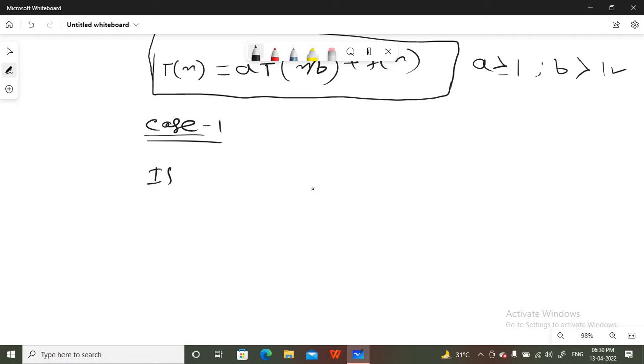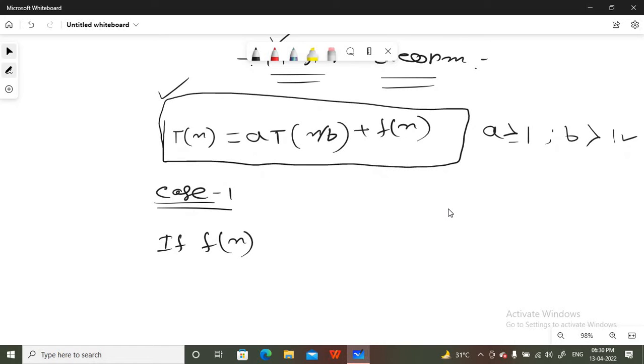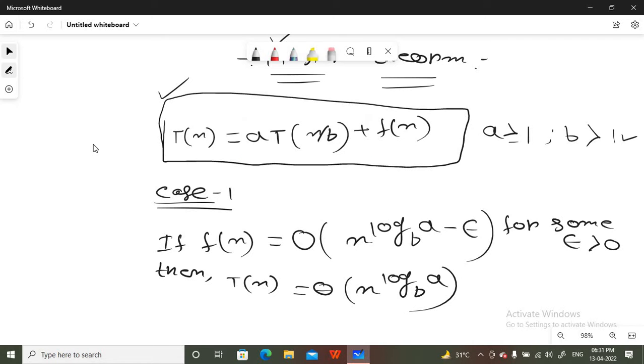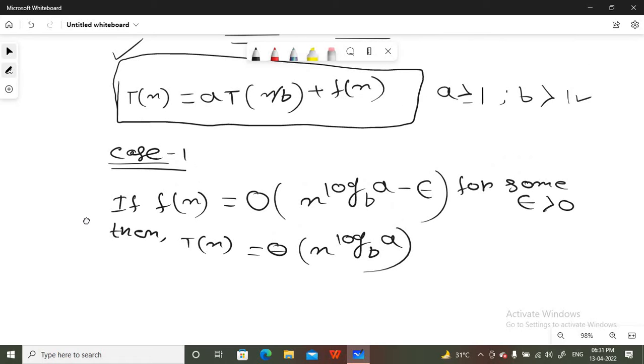In case 1, if f of n equals order of n to the power log base b of a minus epsilon for some epsilon greater than 0, then T of n equals theta of n to the power log base b a. This is the first case I have to identify.